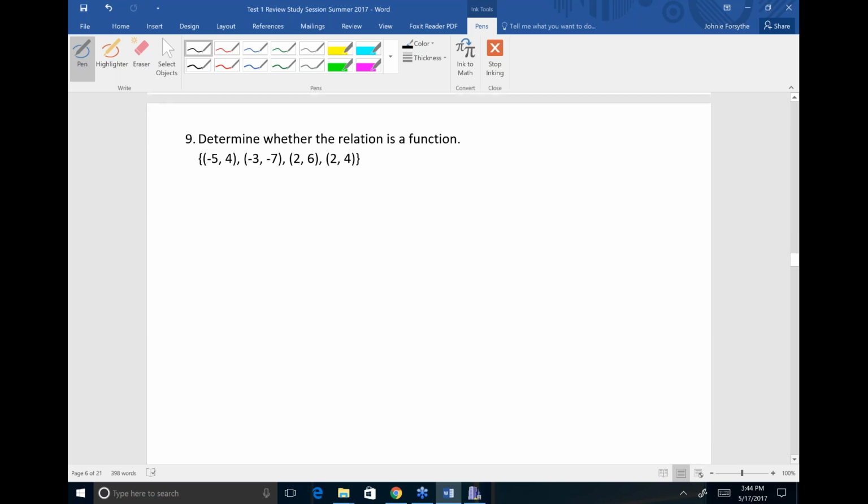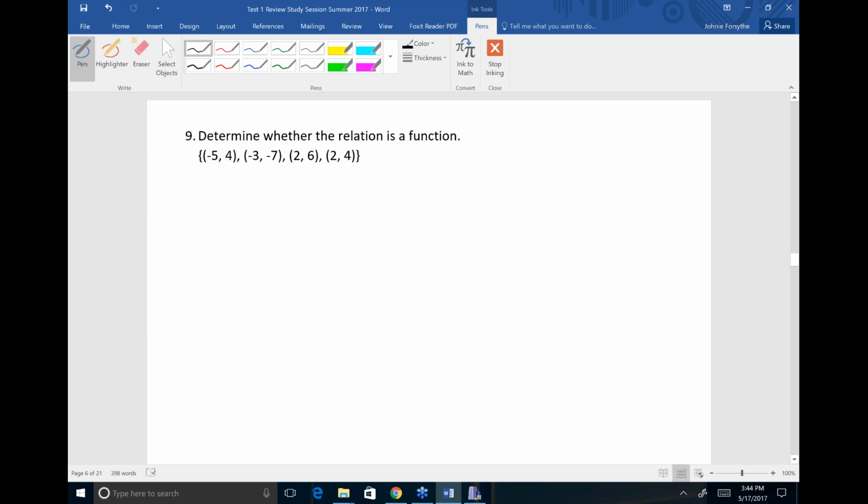Okay, this says determine whether the relation is a function. The easiest way to determine this would be if your x values repeat and they give you different y values. So this is a set of points.